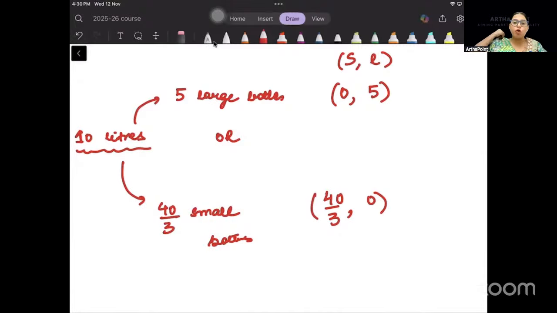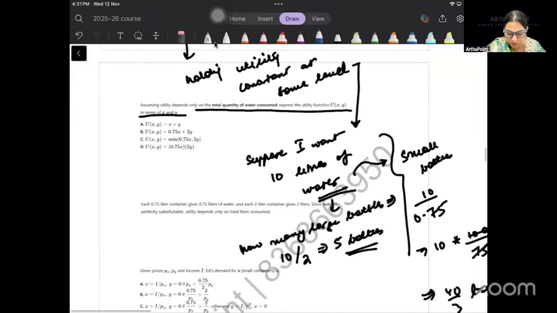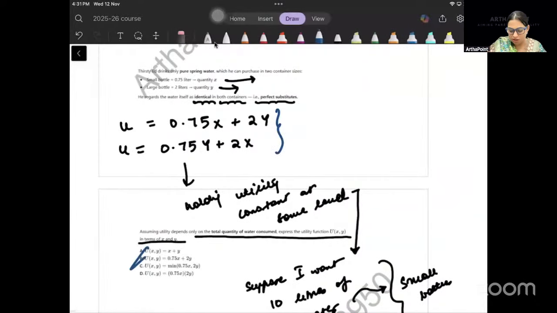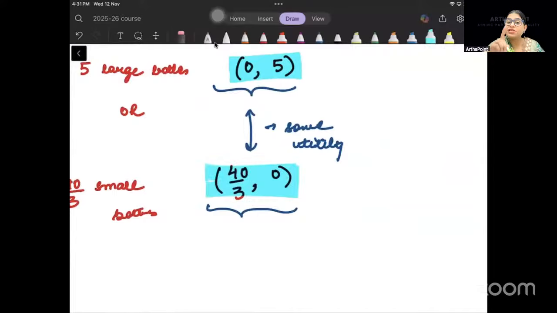And because these are giving me the same amount of water, these two bundles should also give me the same utility. Is that clear? Because the two bundles give me the same amount of water, they should give me the same amount of utility. Now the question is, which function is it? Suppose these are not given and I have to choose between these two functions, which function should I use such that this and this give me the same utility?